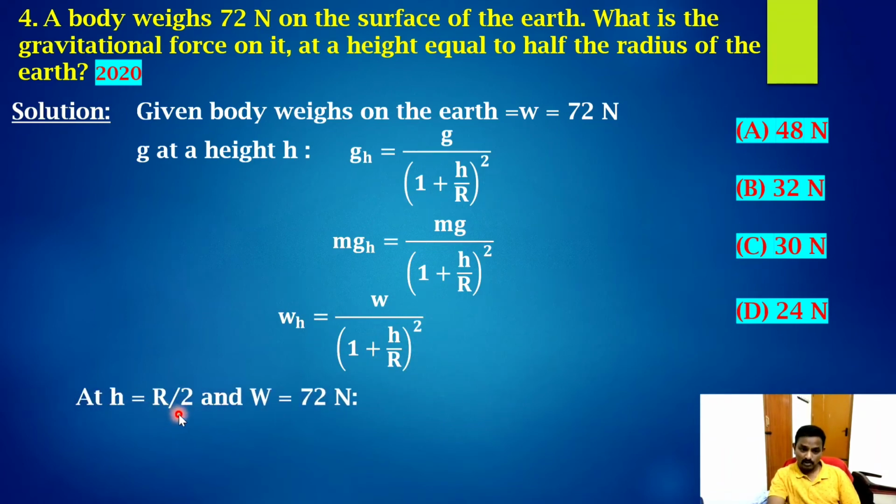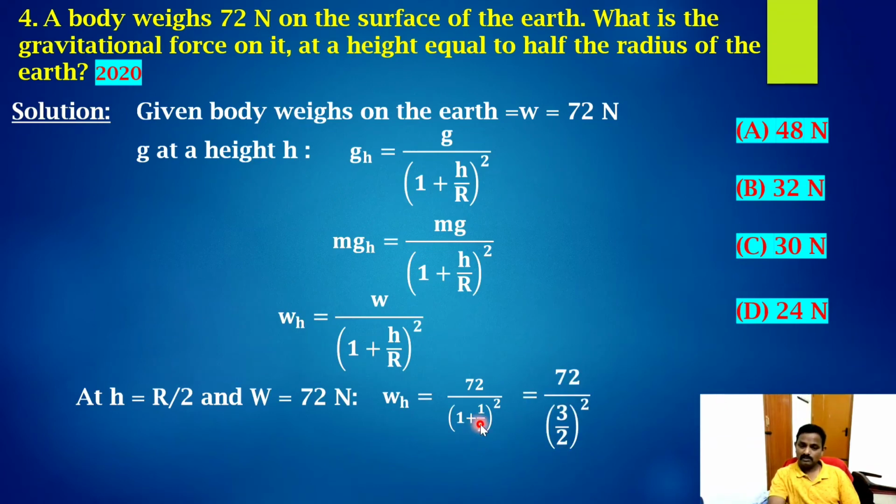So at h is equal to R by 2 and weight is equal to 72 Newton. In the above equation we have to substitute in the place of h equal to R by 2, and in the place of weight on the surface of the earth 72 Newton. Then we will get weight at a height h, that is equal to 72 by 1 plus 1 by 2 whole square.